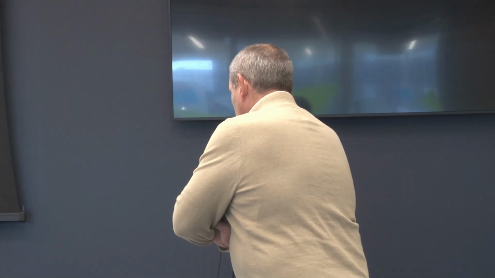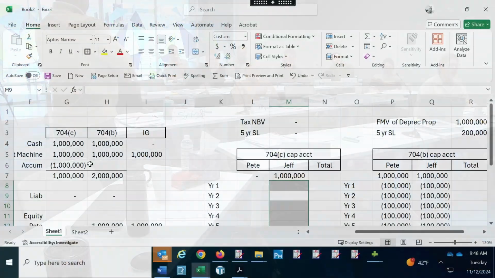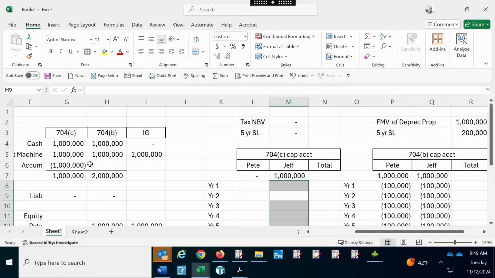We're going to do allocations to make the capital accounts drive to 0 at the end. So it's the same steps as we had before until you get to the allocation. So, Brett, what is my fair value depreciation? 200,000. And allocated to Pete and Jeff, 100 each.